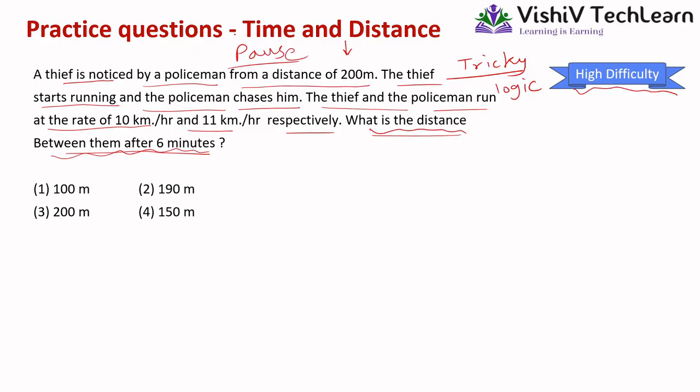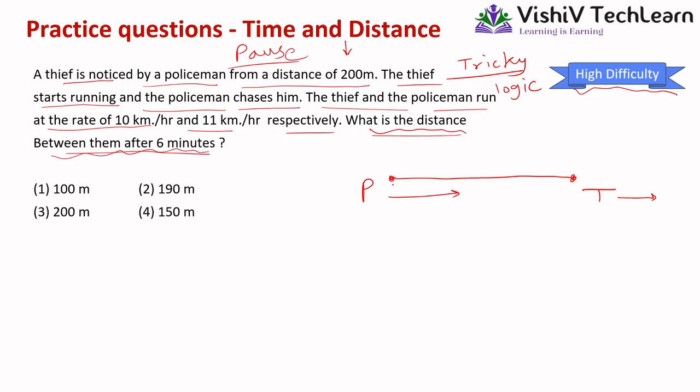Now here a few things we can clear. Let's say this is the policeman. Here we have the policeman and here is the thief. Let's say this much is the distance between thief and policeman. When the policeman sees the thief, obviously the policeman will start running towards the thief and the thief will start running away from the policeman.